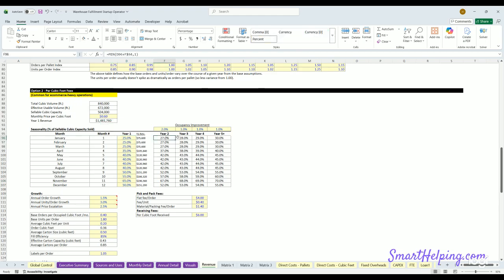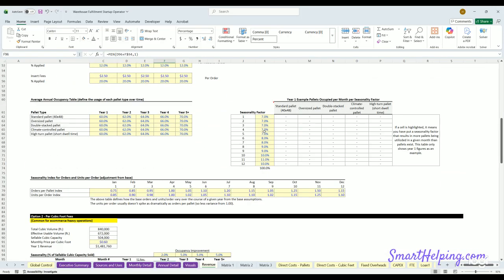And then you can adjust over time. You could adjust it with these percentages up top, like 1% improvement each year, or 2% each year, whatever it is, or maybe 5 up to year 5, and then whatever it is in year 5 will go through to year 10. That's your occupancy. So this doesn't have the constraint we talked about before with an average occupancy rate and seasonality factor like that.